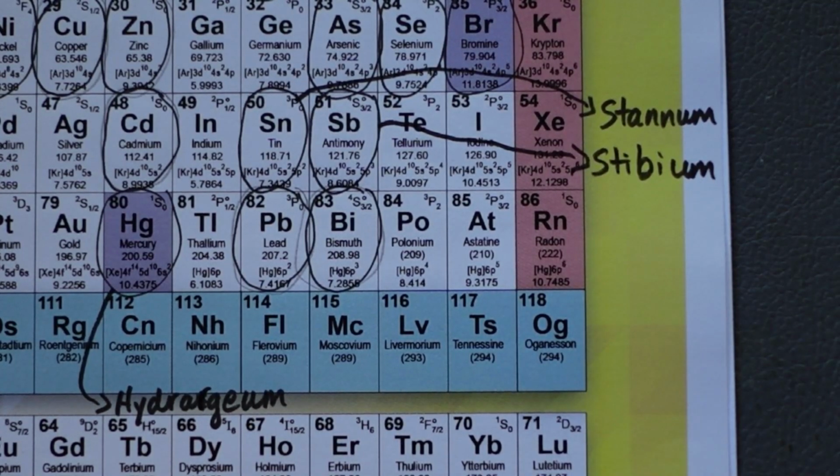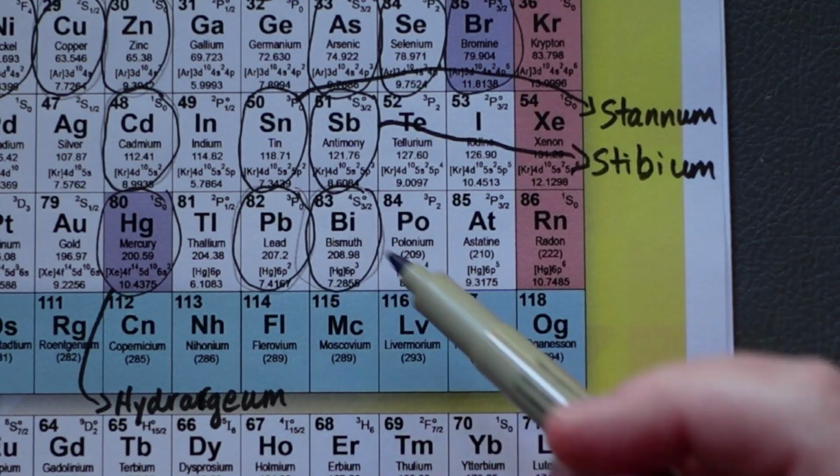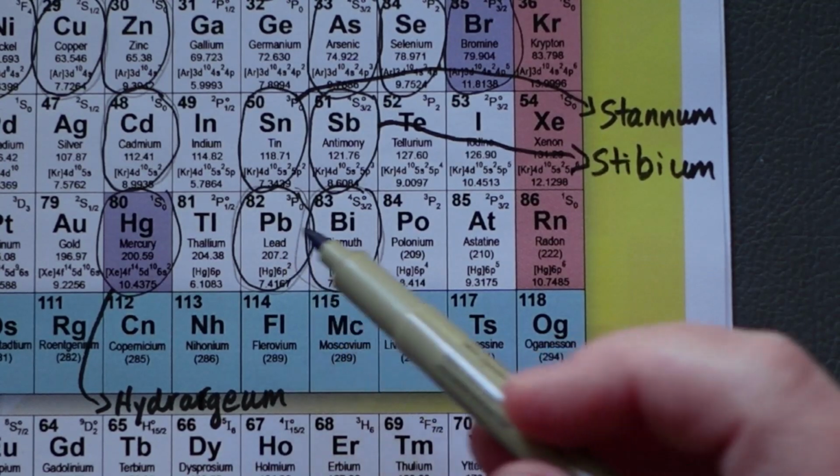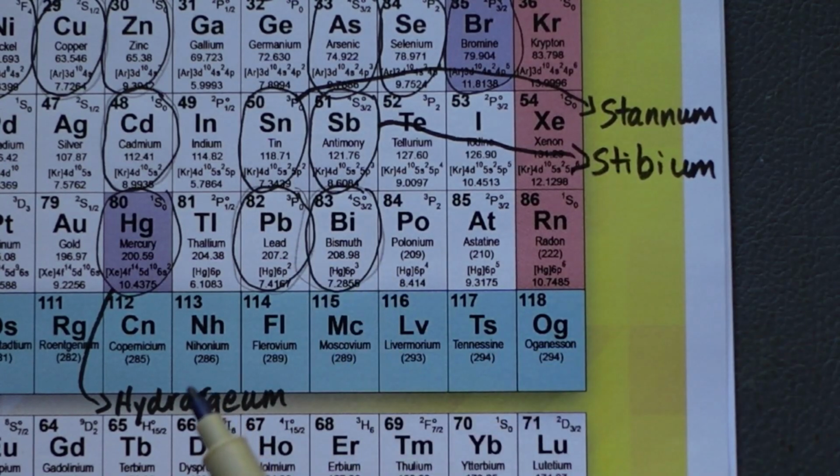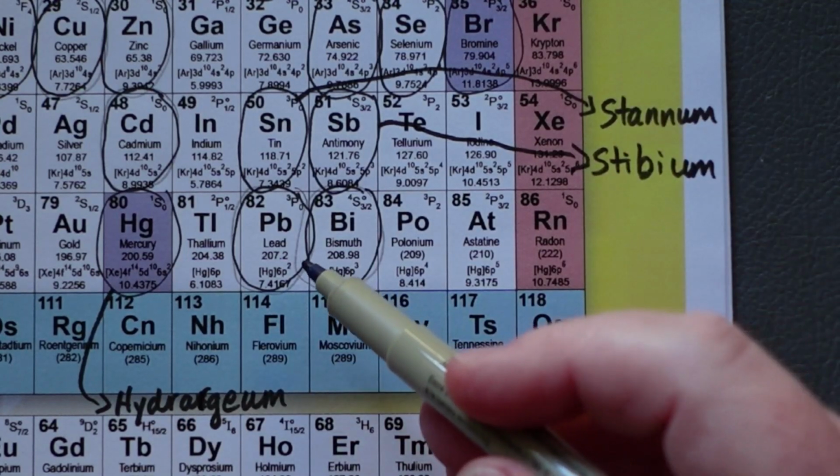And the last element we'll look at, there's just so much cool stuff on here. I could go on forever, but I won't. Lead. Lead is Pb. There's not a P or a B in the word lead. So why is lead Pb?